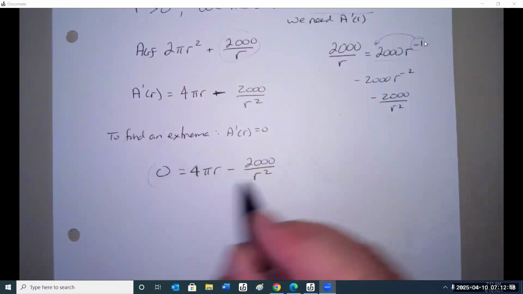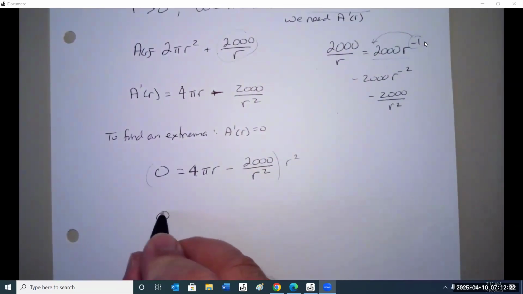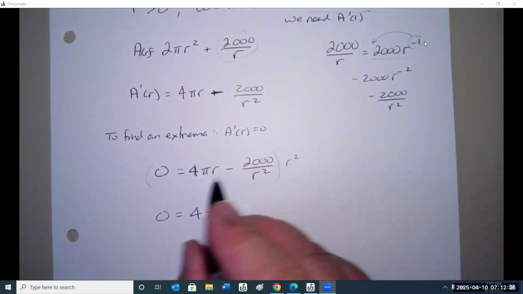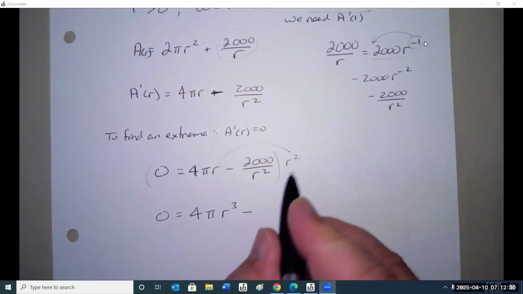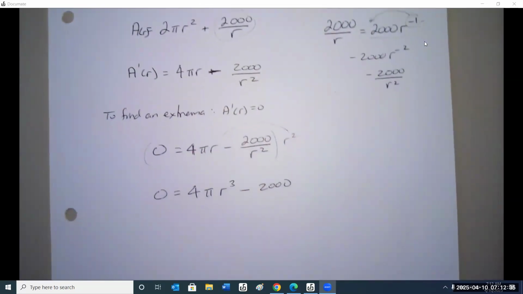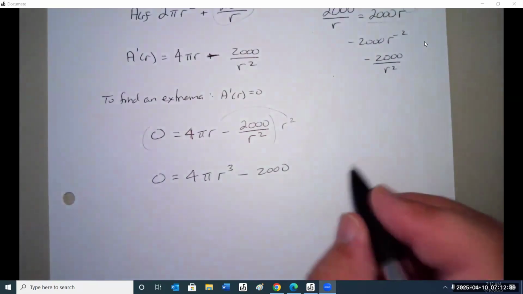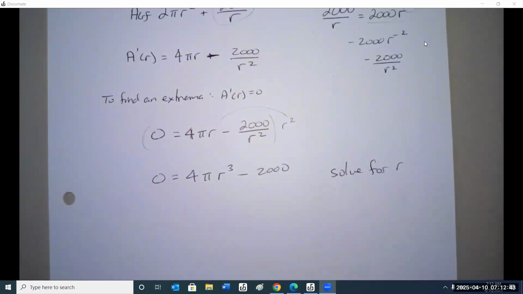To get rid of the fraction, multiply everybody by r squared. So r squared times r makes it r cubed, and the r squareds cancel. Solve for r.